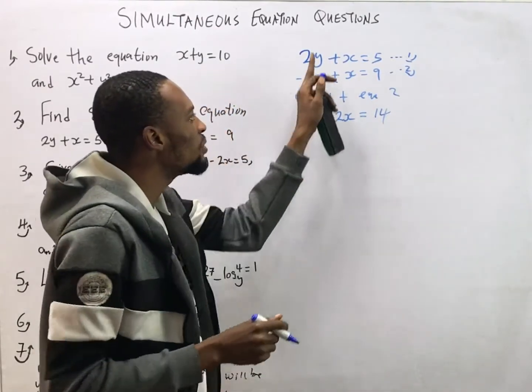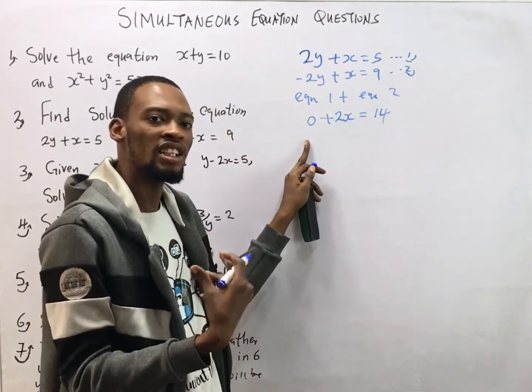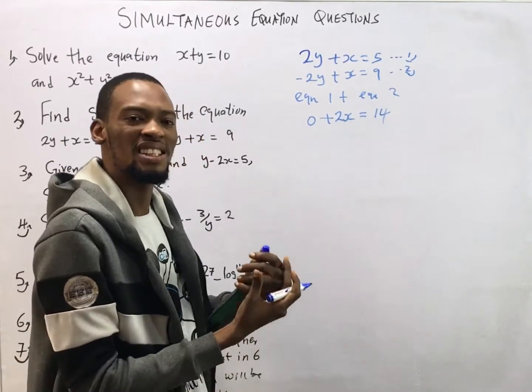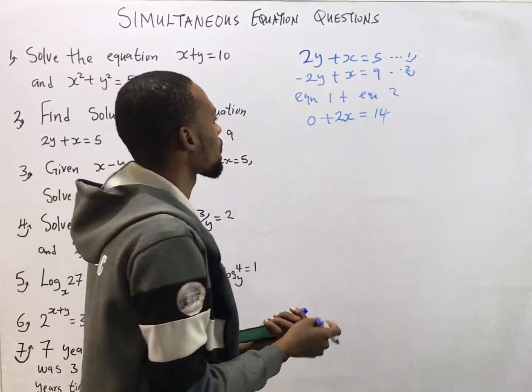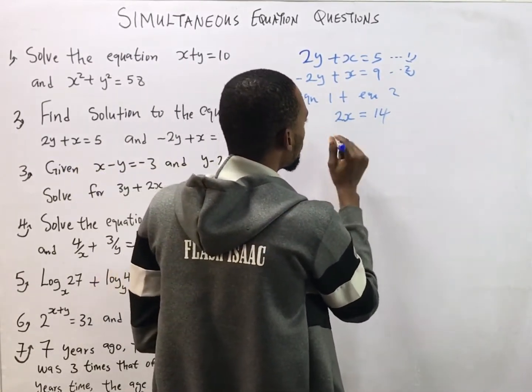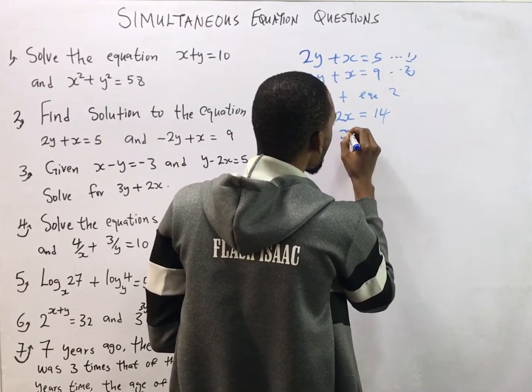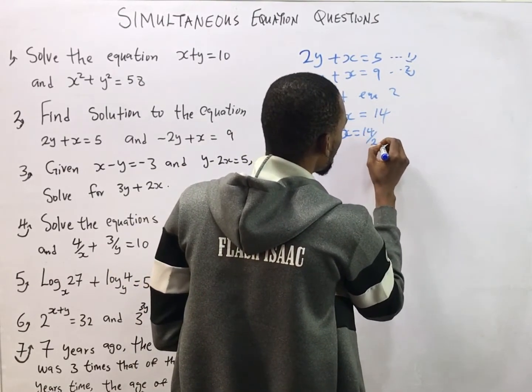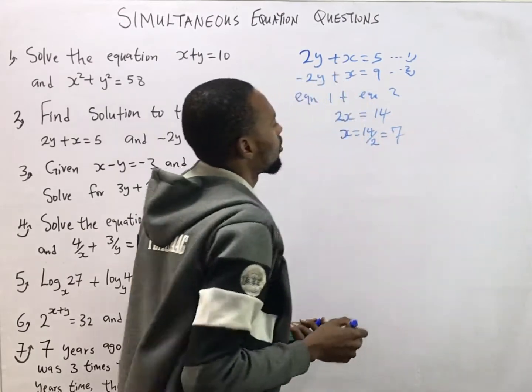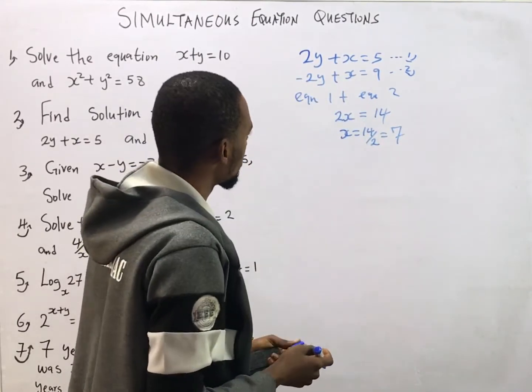Now you see that I've eliminated y. That's what is called the elimination method, because something is definitely eliminated. So s is 14 over 2, which is equal to 7. I've gotten the value of s.